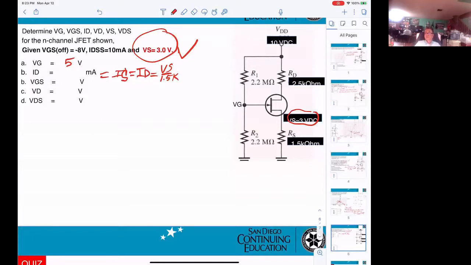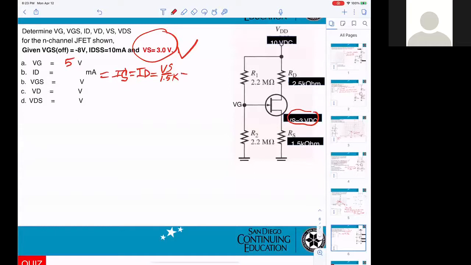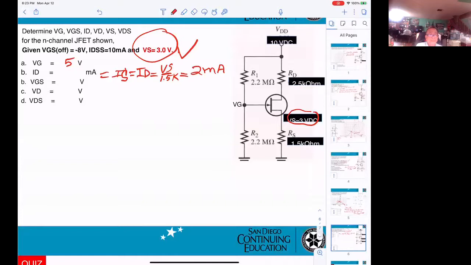Five volts minus 3 volts is 2 volts. So do we have a forward bias gate source? 3 volt divided by 1.5K, 2 milliamp.